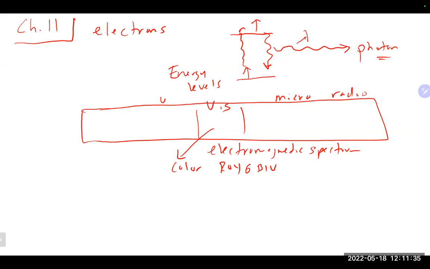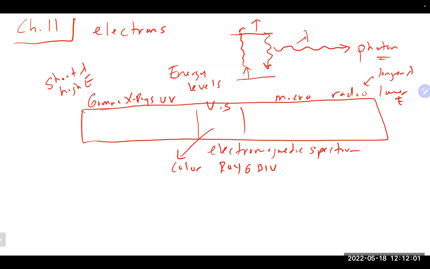We also have UV, maybe some gamma rays, some X-rays in there. And remember that this part of the spectrum on the left, where the gamma rays are, is short wavelength and high energy. And the other side is obviously longer wavelength and lower energy.